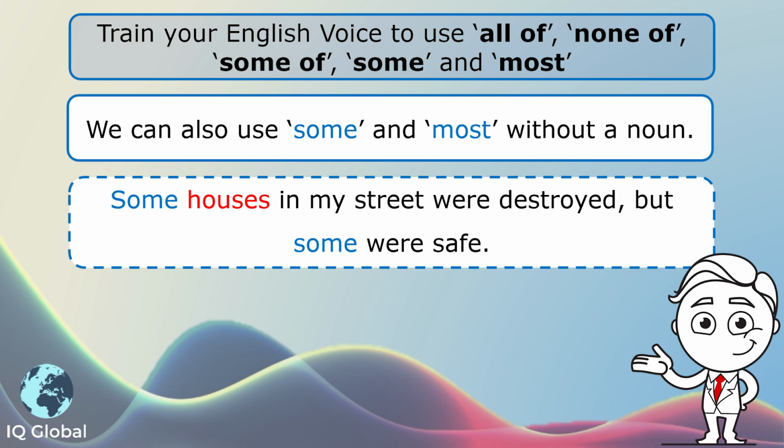In the first part, I said some houses. So now I know what the noun is. We are talking about houses. So in part 2, or in the second part of the sentence, after the comma, we simply used the word some, but we didn't repeat the noun. We didn't say houses again.